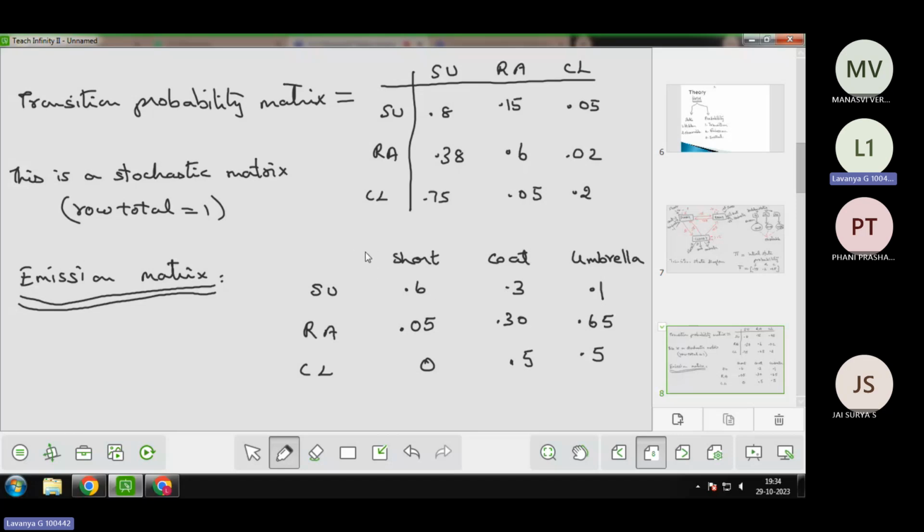This is how you construct your emission matrix. Is it clear for everybody? Your emission matrix is the one which relates both your emission states, that is what you are seeing, with the hidden state. Okay? And the transition probability is only between your sunny, rainy, cloudy. Only those three states are connected. You no longer go with what is emitted, that is wearing shorts, a coat or an umbrella. Right?